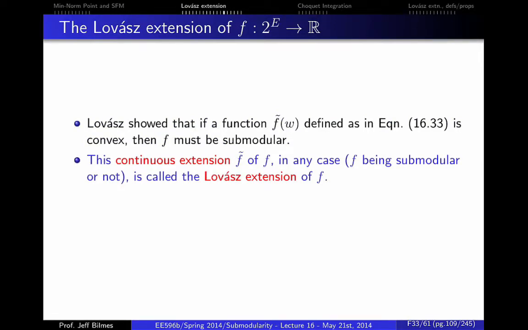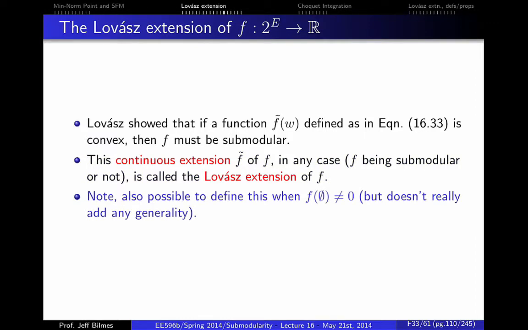And in such a case, the continuous extension f tilde is called the Lovász extension of f. So we're going to assume that f of the empty set is equal to 0.